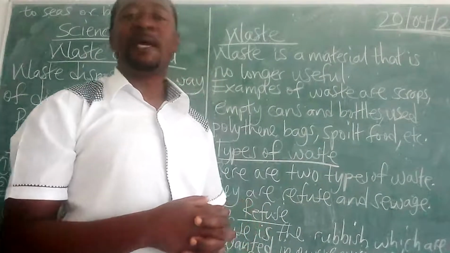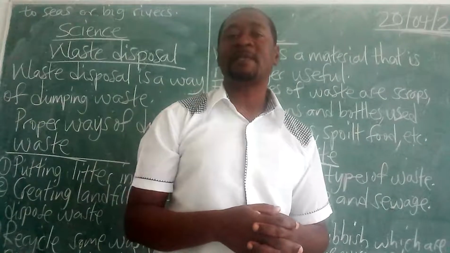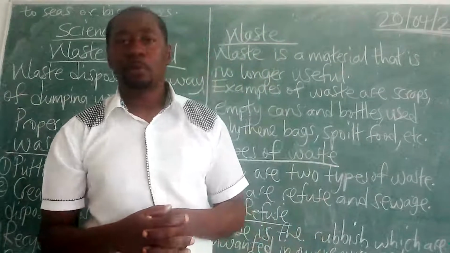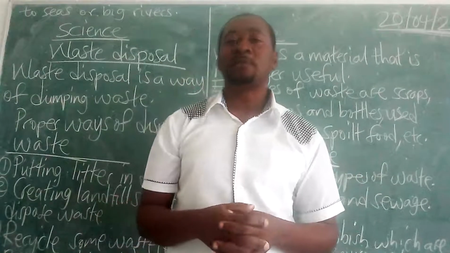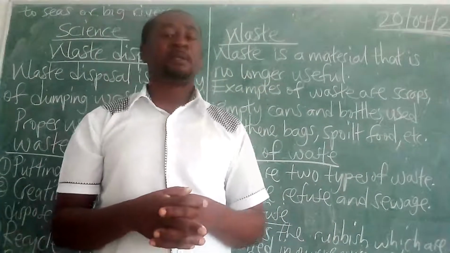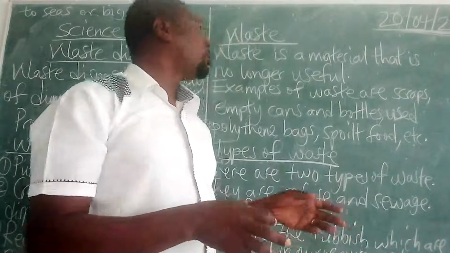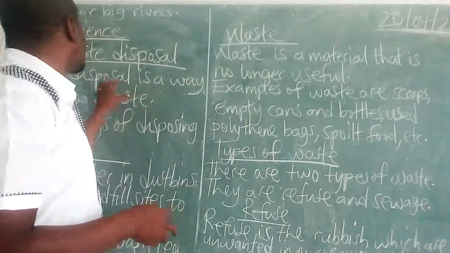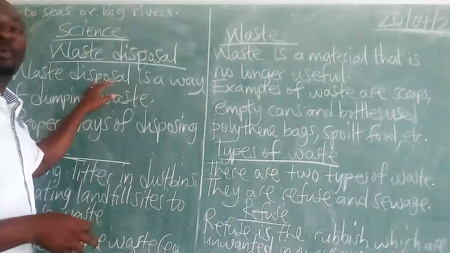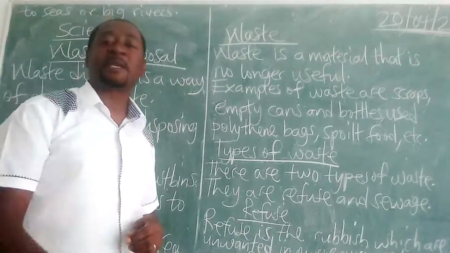The last time we learned that if you want to care for your environment, there are certain things that you have to do. One is what? Afforestation, good farming practices, and avoid bush burning. So that is a way of making your environment what?